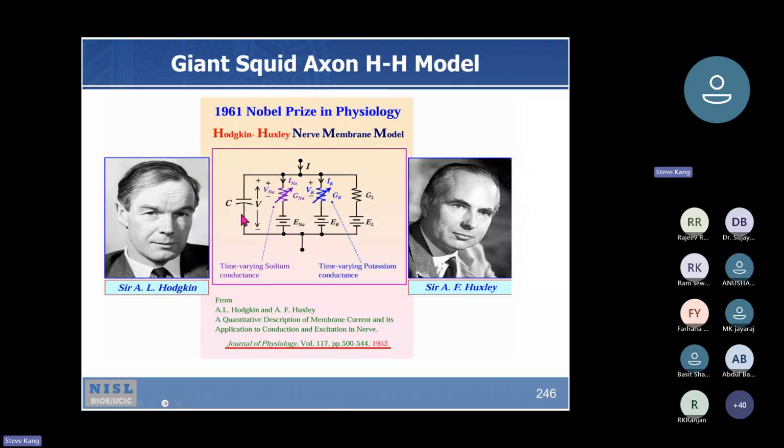In between is a membrane capacitance, and across it is the membrane potential. It has a sodium channel, potassium channel, and a leakage channel, and each can be biased to indicate negative voltage, positive voltage, and so on. In the beginning, they said this is a time-varying resistance, but in reality, as we discussed before, it is a memristor here, another memristor.